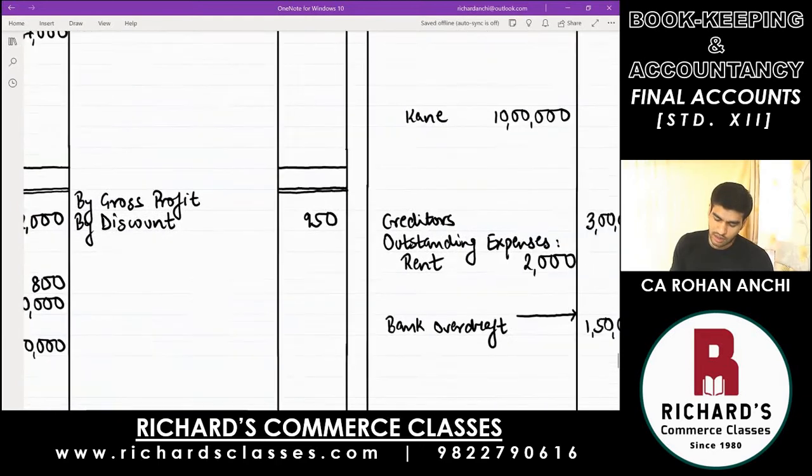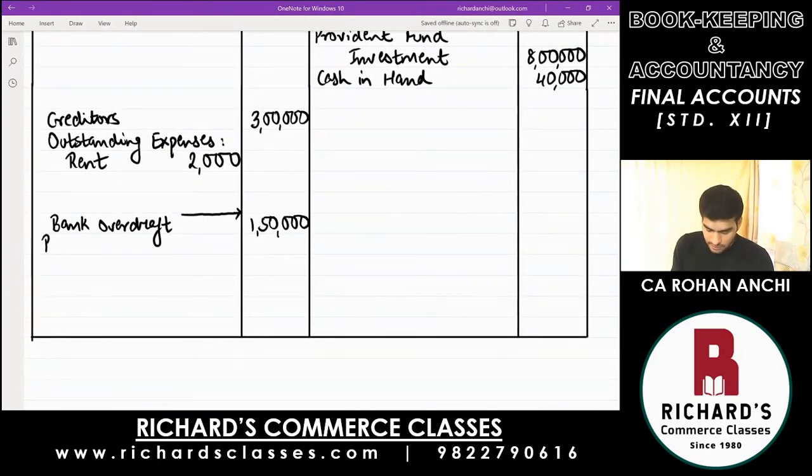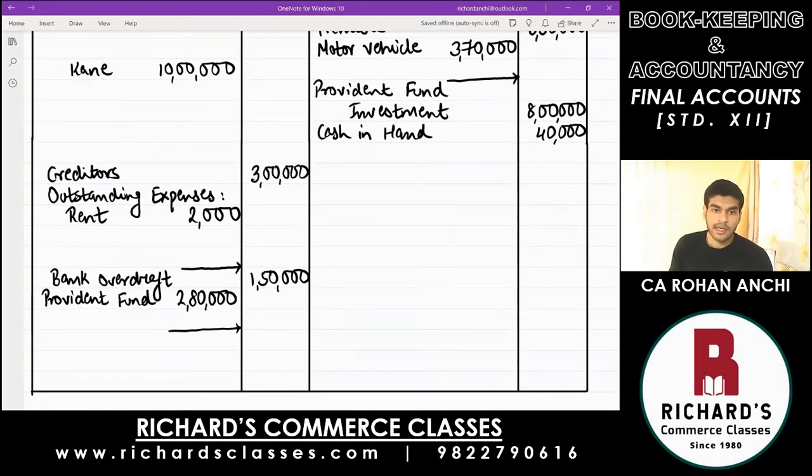Provident fund that you will write on the liability side in the inner column. Provident fund 2,80,000. Then cash at bank, that is an asset. Amount is 2 lakhs.